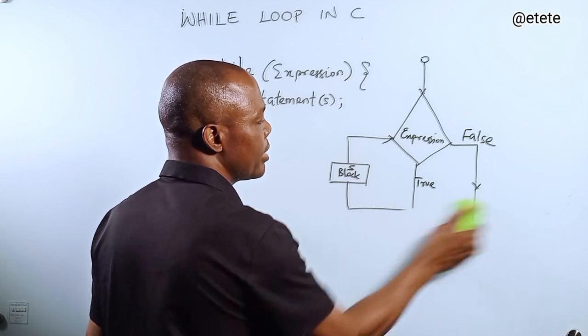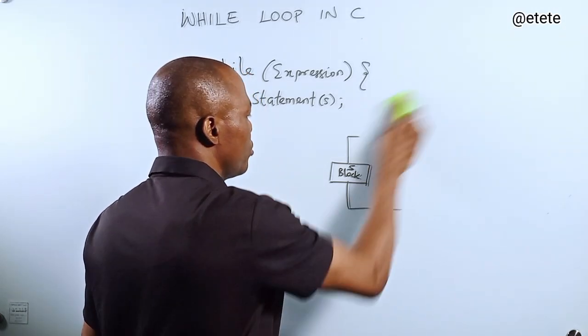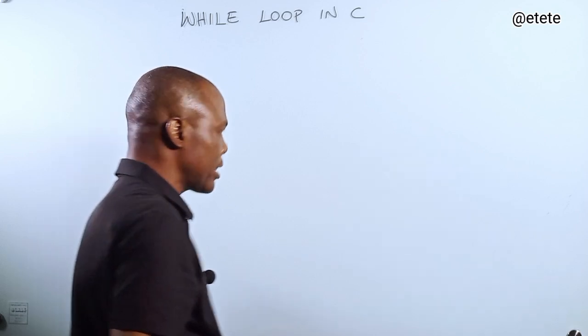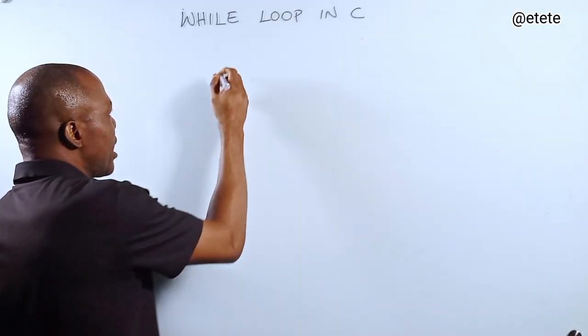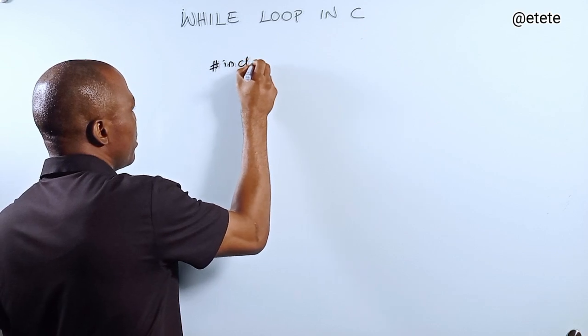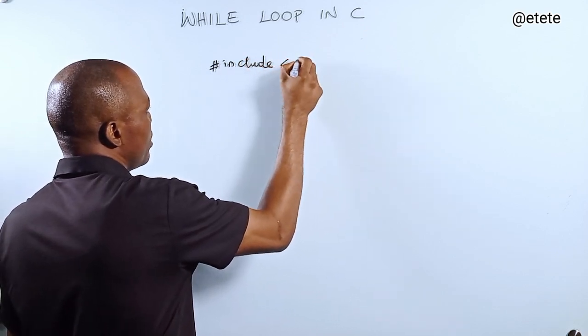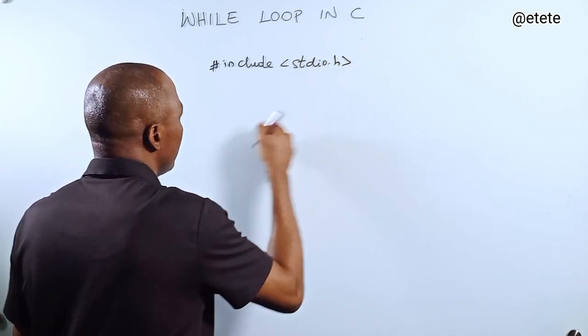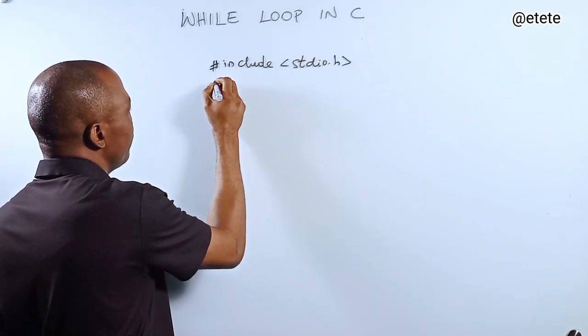Now let's write a simple program to demonstrate this. I'm just simply going to write what I wrote in the last class. So completely, I'll write include stdio.h, which is the header file.